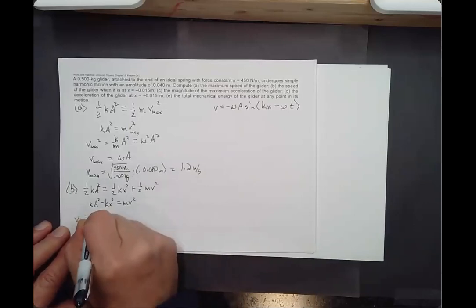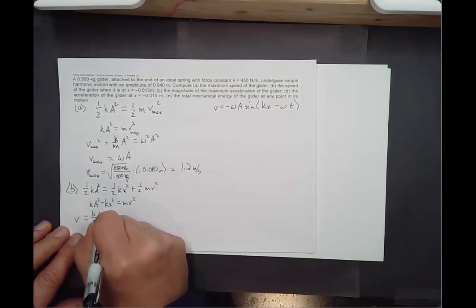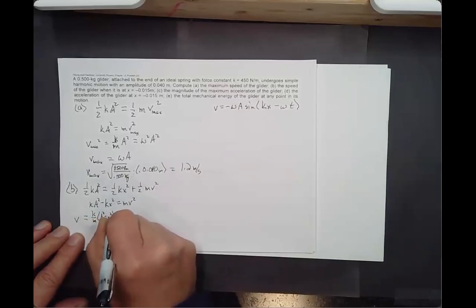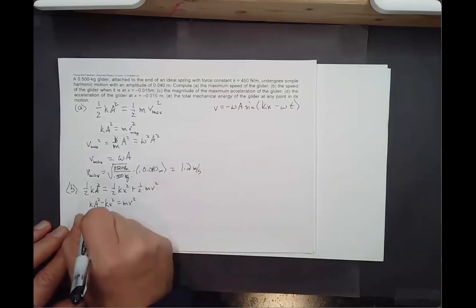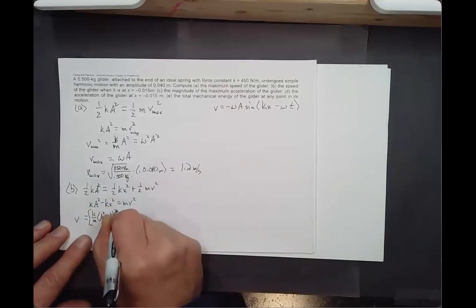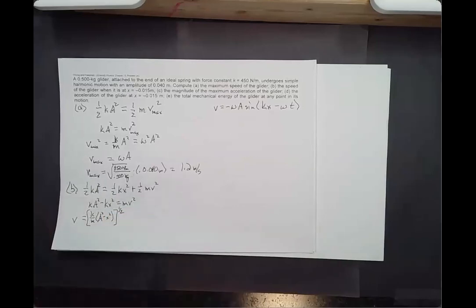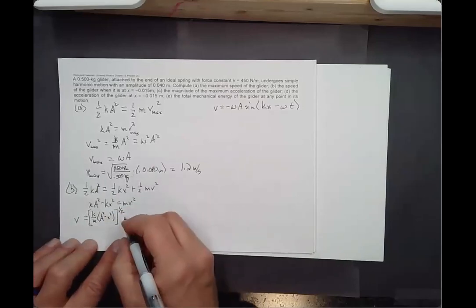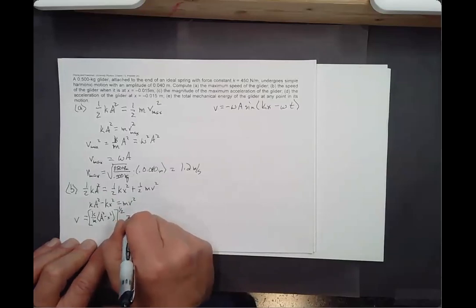My favorite trick is the square root of k over m times a squared minus x squared. And I want to take the square root of that whole thing. Okay, so lots of algebra steps at once there.